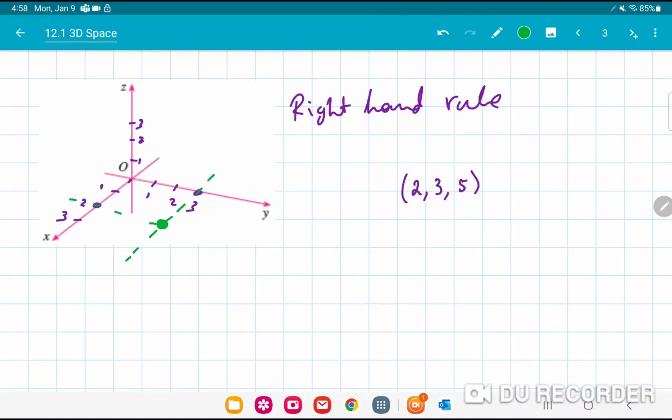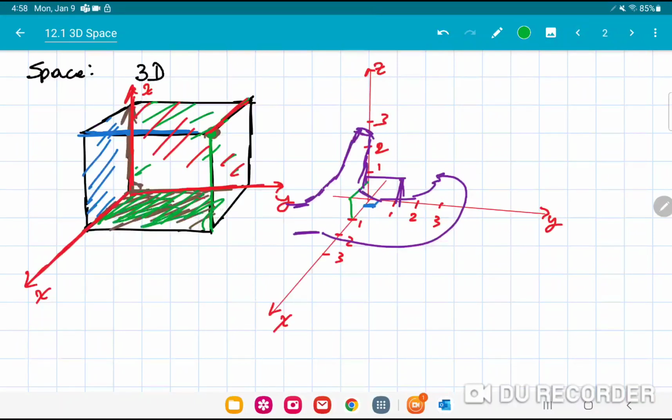And that point here, if I were to flip the page and look at this face from a perpendicular point of view, this would have been 2 units and 3 units, just like the XY plane.